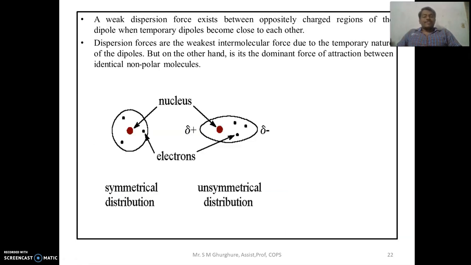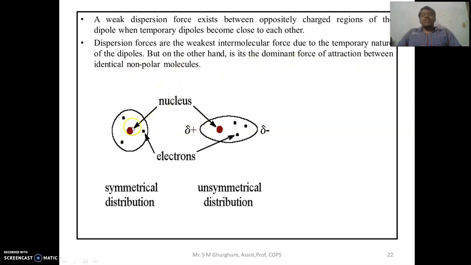Weak dispersion forces exist between oppositely charged ends of the dipoles when temporary dipoles come close to each other. The dispersion forces are the weakest intermolecular forces due to the temporary nature of the dipoles, but on the other hand, they are the dominant force of attraction between identical nonpolar molecules.